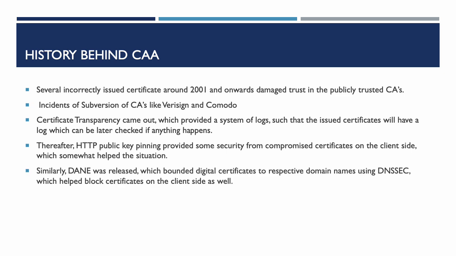Thereafter, HTTP public key pinning and the DANE system were introduced, which blocked certificates on the client side and somehow helped. Later on, CAA records were rolled out, which helped a lot with the misissuance of certificates and breaches as well.